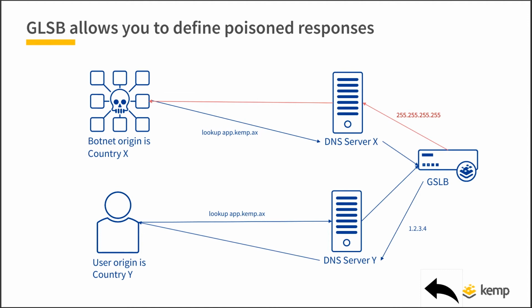That will all look like US originated requests via Google DNS to the GSLB. So there are limitations to this, but again, it's just one more thing to keep in mind, and it gives you a lot of flexibility to segment the traffic and the resolution of those malicious requests from your legitimate users.